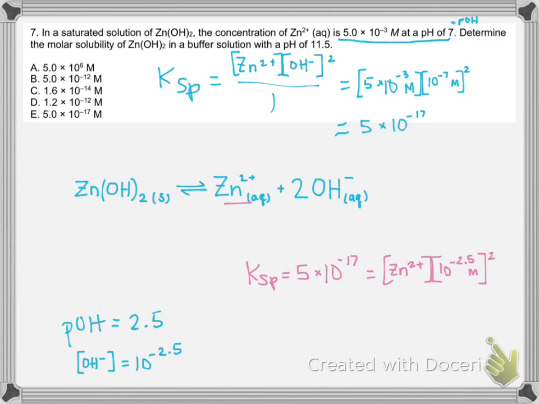And so I'm going to solve for the zinc concentration, which will serve as my molar solubility, which is 5 times 10 to the negative 12 molar. Okay, so the answer here is going to be B.